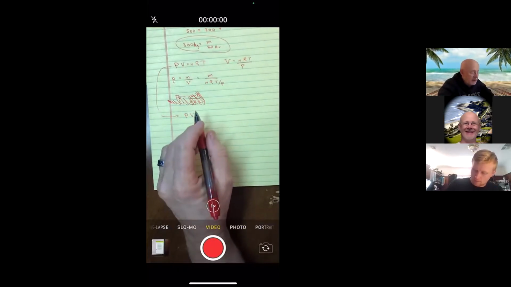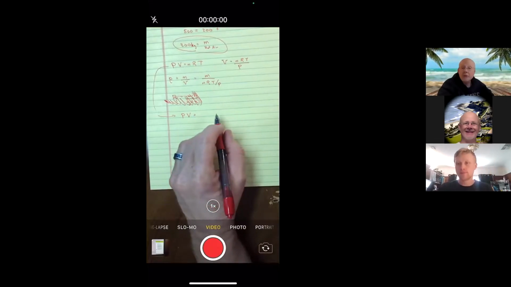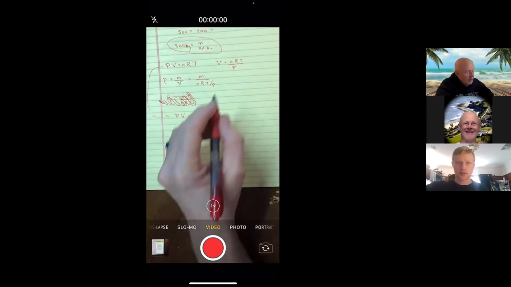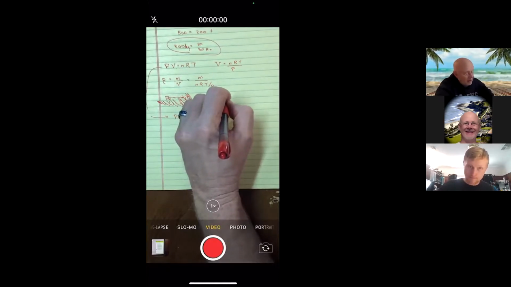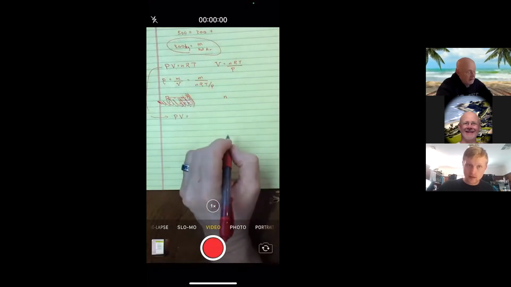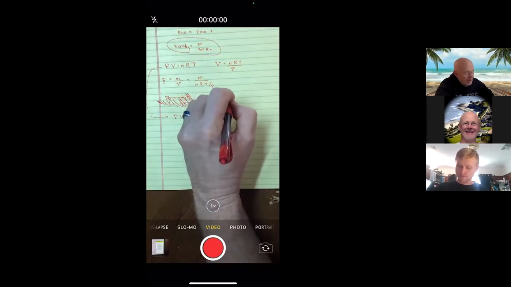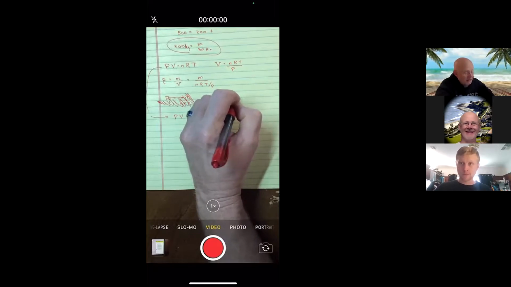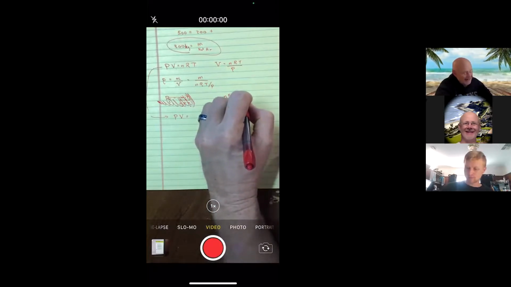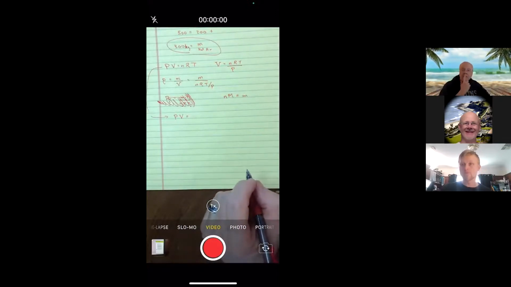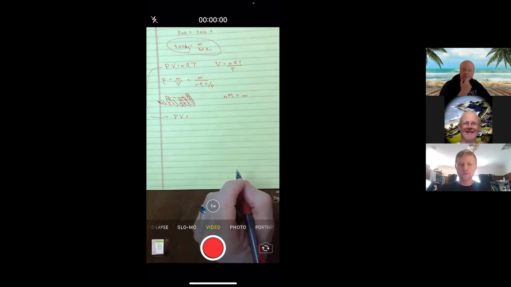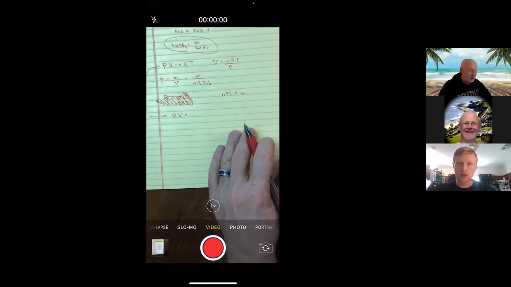Now the n is the number of moles. So if I take the number of moles and I multiply it by the molar mass, I get the total mass. Okay, that makes sense. And this is kind of a new notation, so I hope I'm not confusing you.